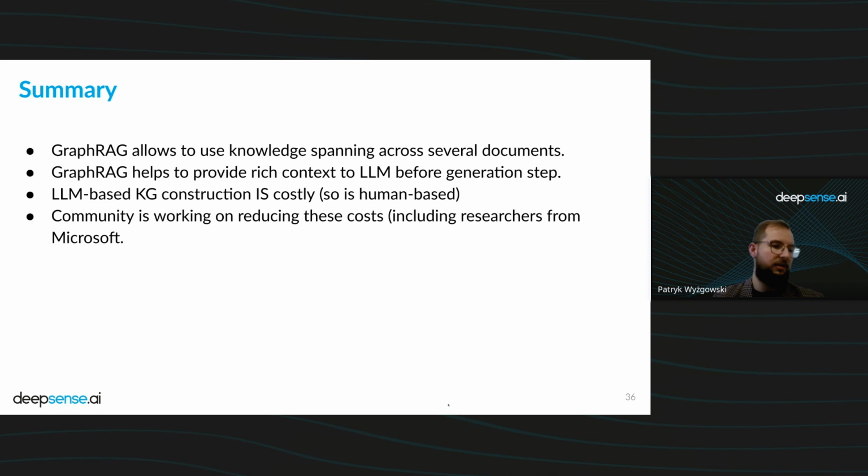And this is another part of GraphRAG success, because when you have documents, now you can find the concepts even between the documents, how they are related, not necessarily just on a single document level. Still, the knowledge graph construction using LLMs is costly, and so is human-based. But the community and Microsoft researchers are working on reducing this cost.